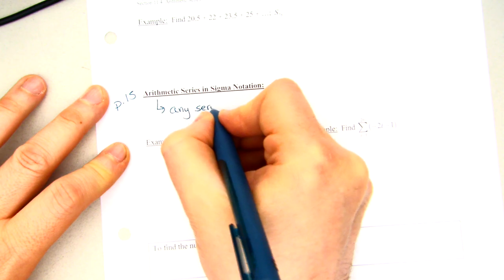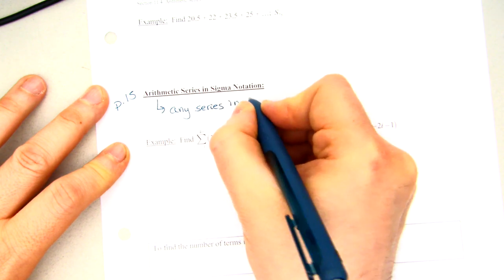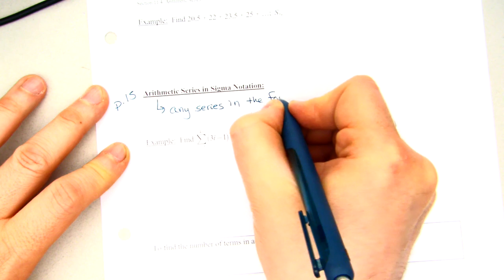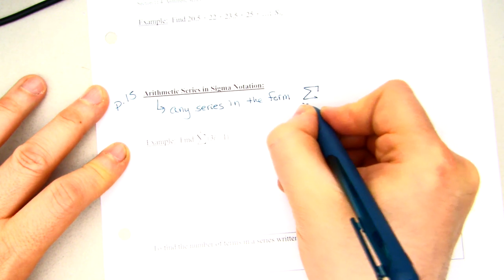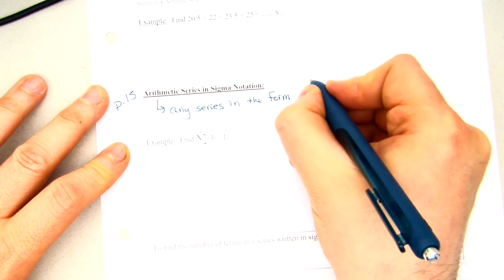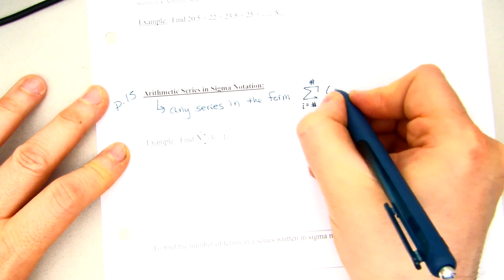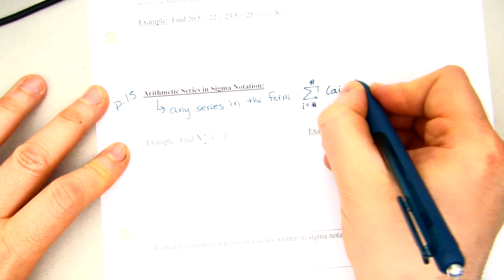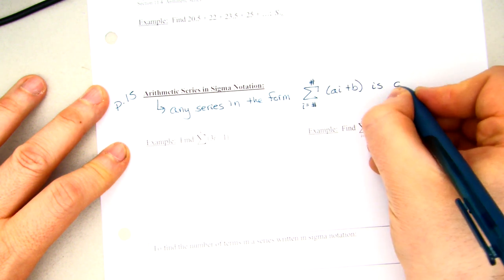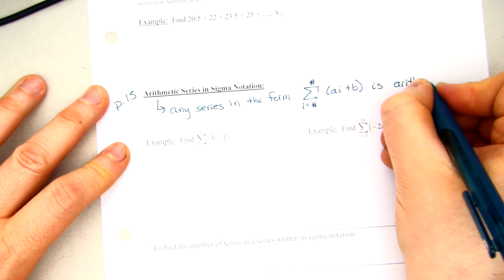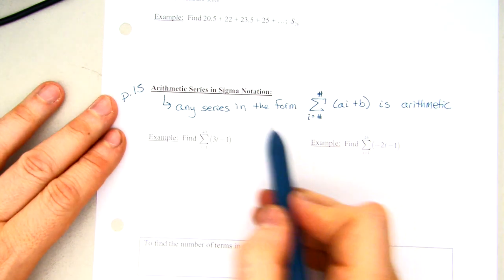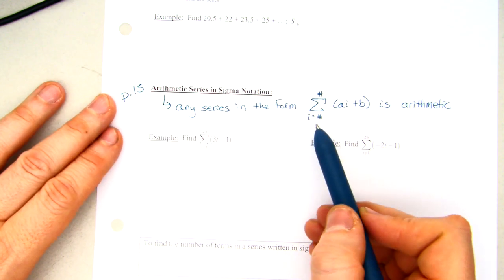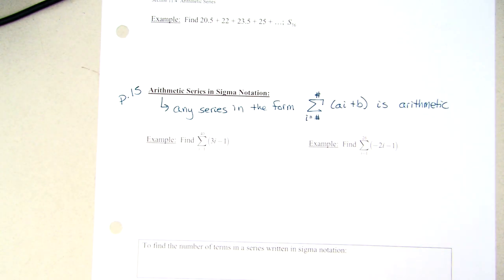Any series in the form the sum as I goes from some number to some other number of AI plus B is arithmetic.